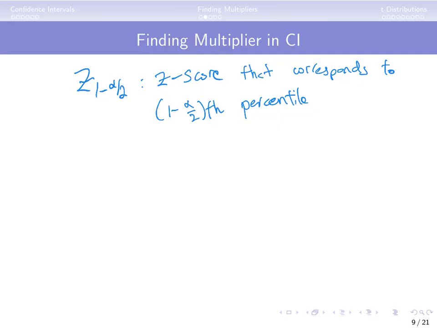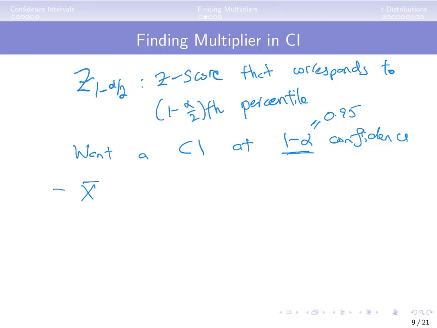So we want a confidence interval at 1 minus alpha confidence. Typically this is 0.95, so alpha is going to be 0.05. Now, we know the following facts. Fact 1: the sample means, under some circumstances, follow a normal distribution with mean mu and standard deviation sigma over square root of n.